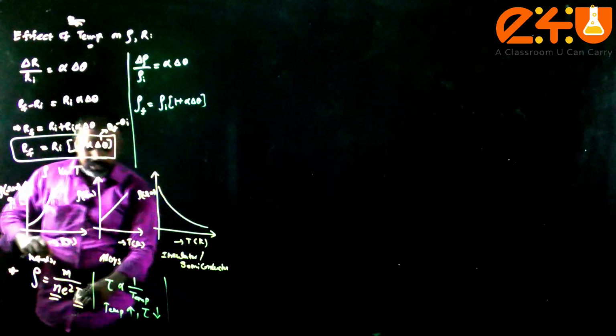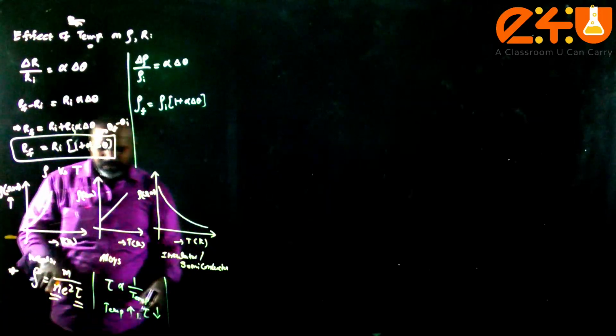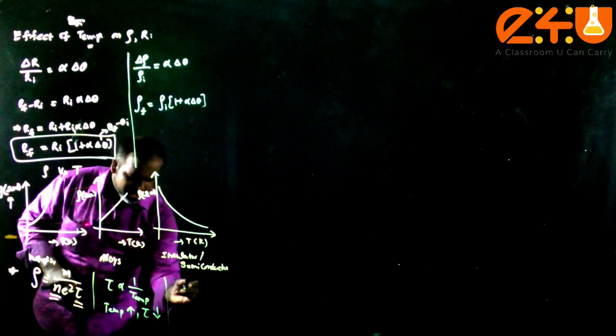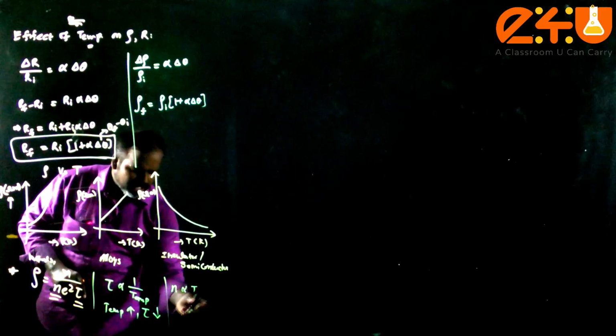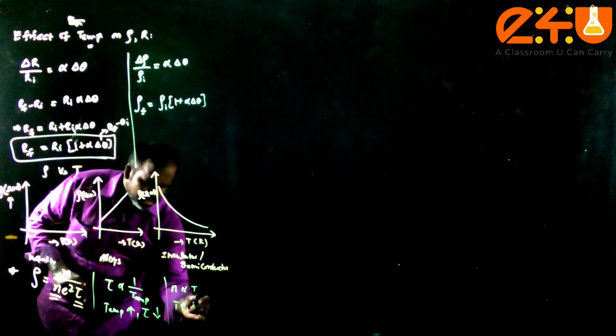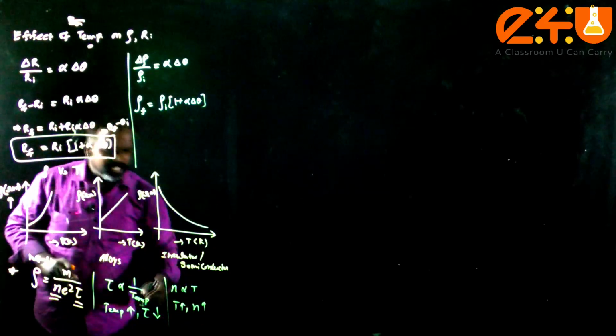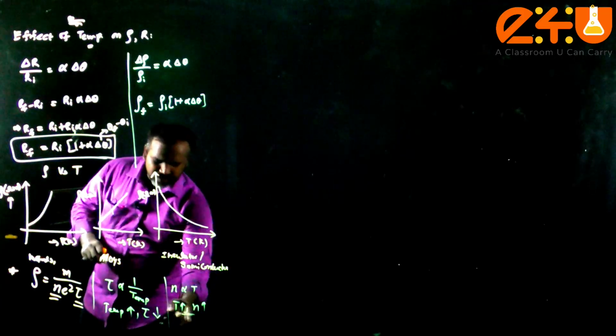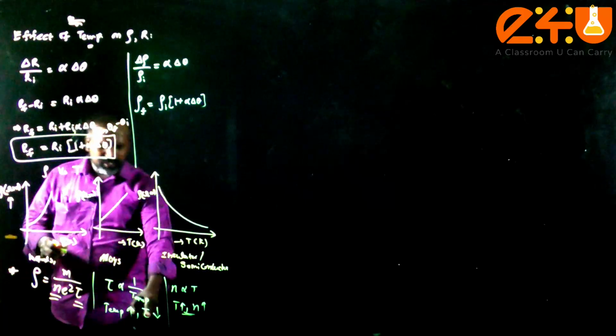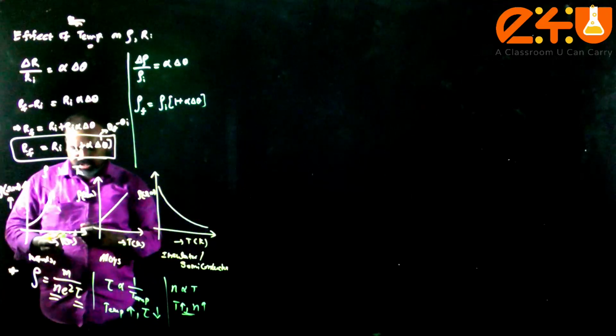In the case of n, number density generally increases when temperature increases, but this is negligible when compared to the variation of tau, which we are going to discuss now.